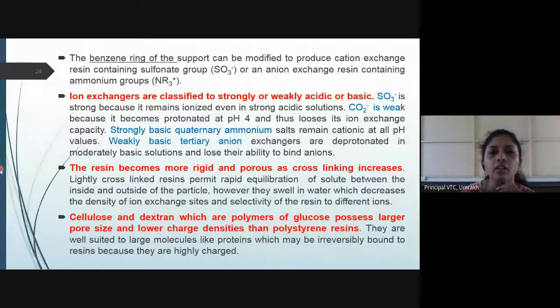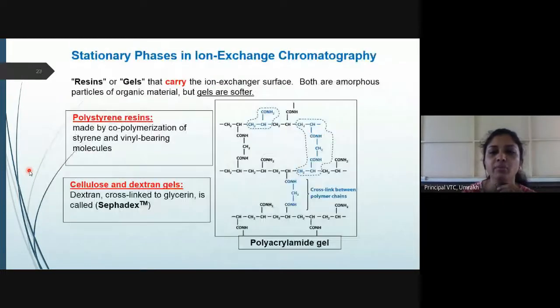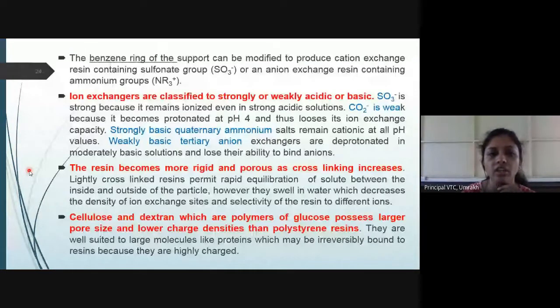Now the resins. In ion exchange chromatography, gels or resins are used as a stationary phase. As we have seen here, resins are cross-linked with each other. If the resin is more cross-linked, it becomes more rigid and less porous.